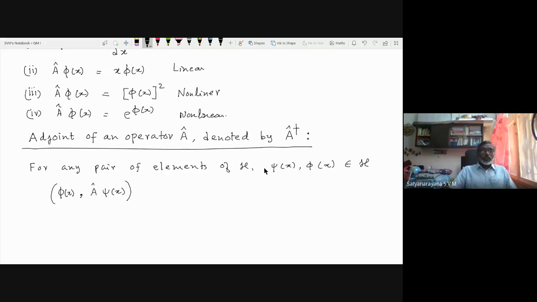Okay, so you can see that the action of A on psi of x gives another function.